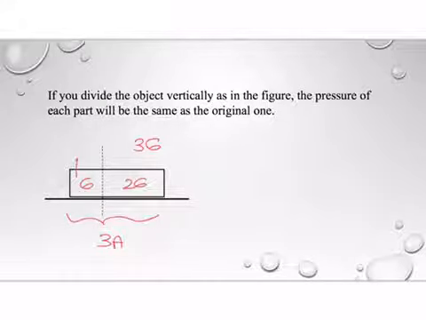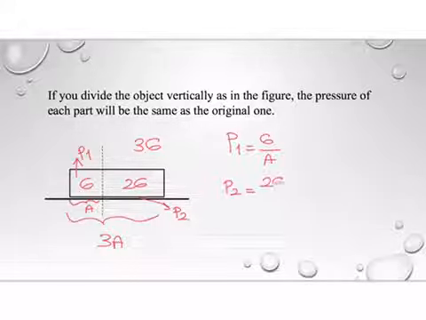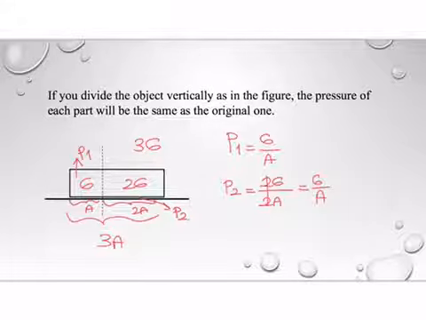Let's say this has a pressure P1 and this has a pressure P2, and P1 is equal to G over the area A. P2 is equal to 2G over the base area 2A.